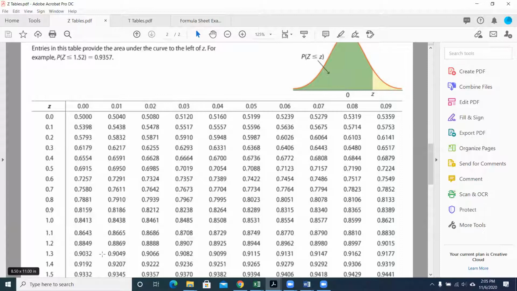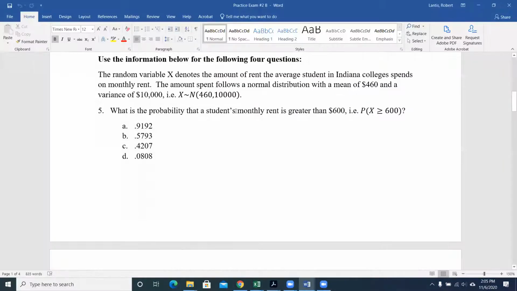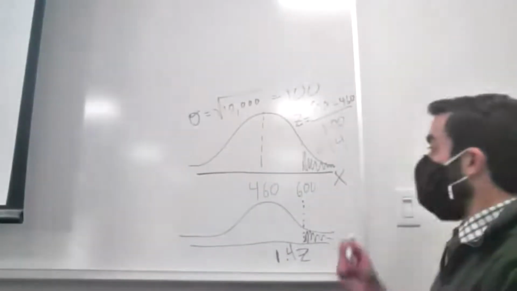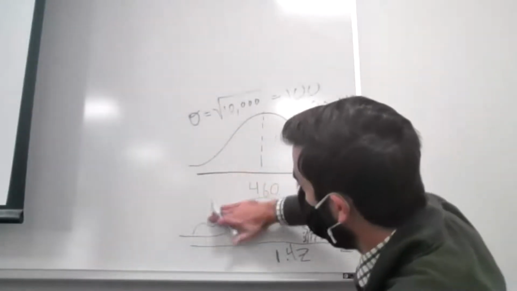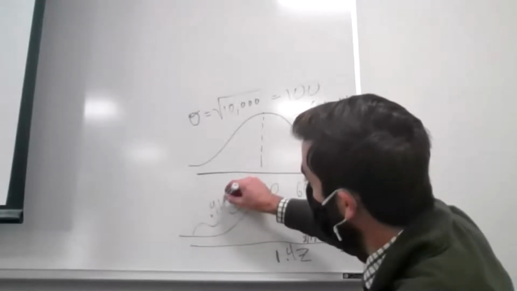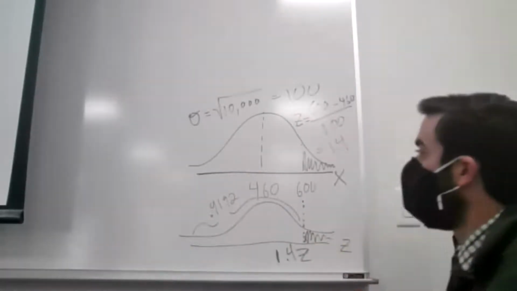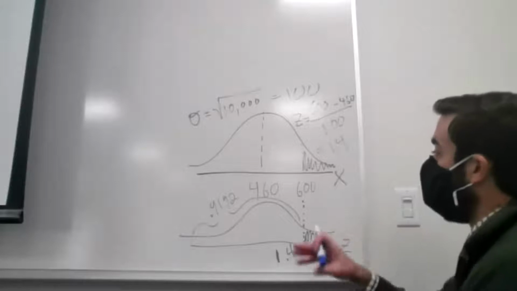No, that's subtracted from 1. If I remember what I initially said, I said this has to be less than 0.5. So I automatically knew it was going to be either A or B here. What I found when I looked it up in the table was 0.9192. That was the area to the left.